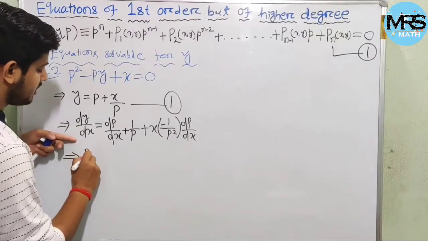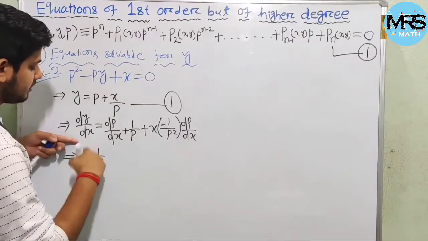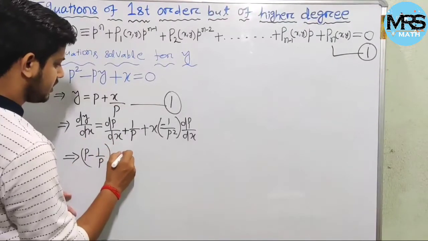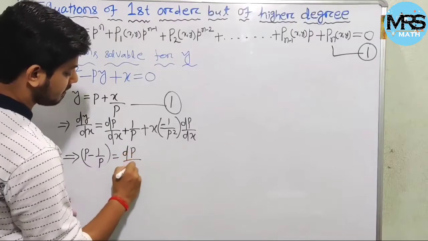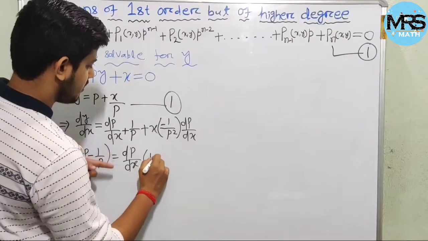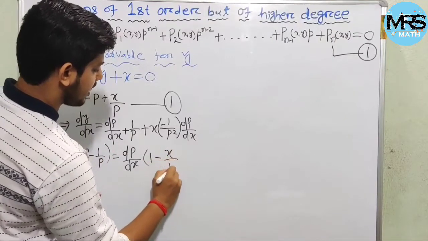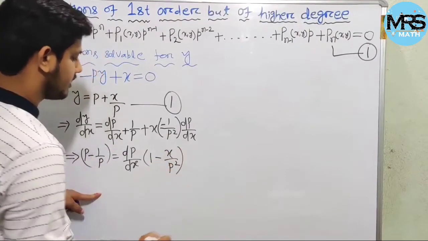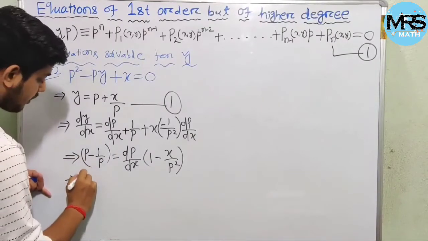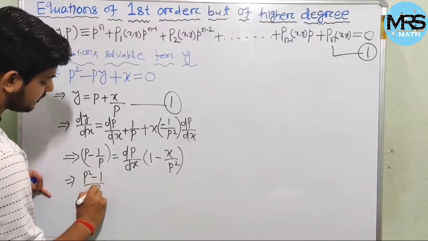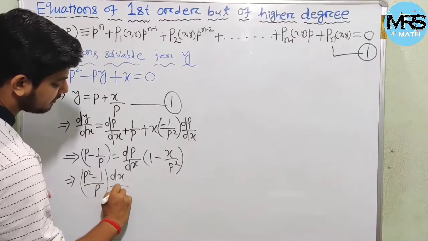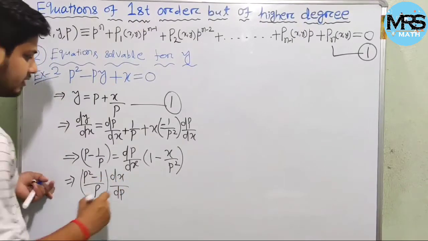So p minus 1 by p, this one I am taking to this side. If dp by dx you take common, then what we are getting is 1 minus x by p square, so this is p square minus 1 by p into dx by dp. This one I am taking to this side.